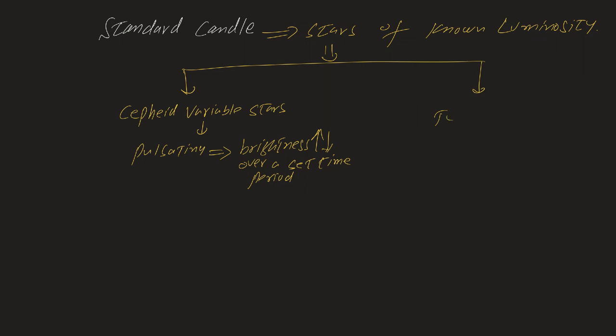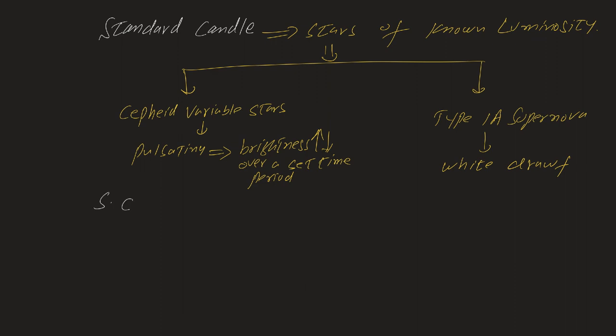type Ia supernova. Supernova means a star that gives off its energy at once, just like a suicidal star, and it involves a white dwarf. So these standard candles we can use as a distance indicator.